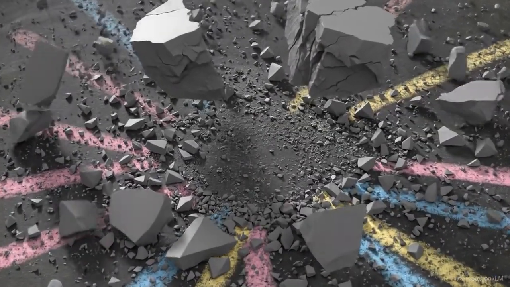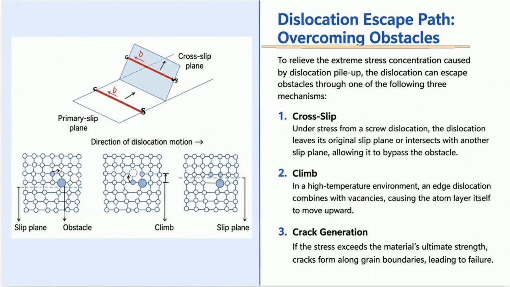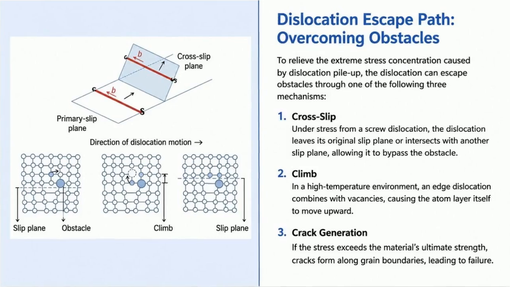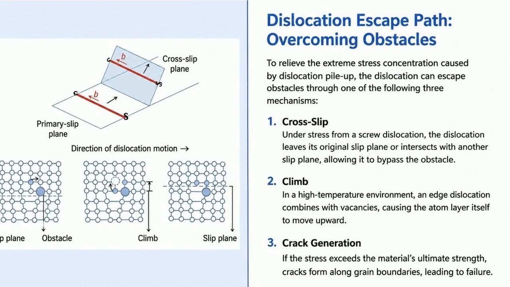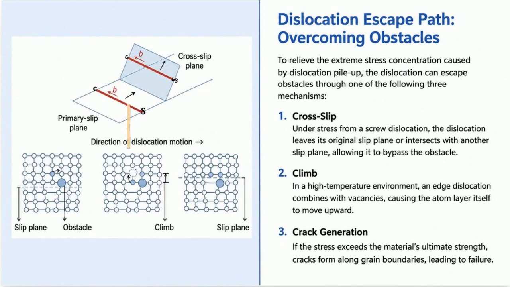To prevent immediate failure, dislocations utilize escape paths outlined here. Under sufficient stress, a screw dislocation executes a cross-slip, jumping to a different plane to bypass the blockage. Alternatively, in high-temperature environments, an edge dislocation can absorb vacancies and physically climb vertically over the obstacle.